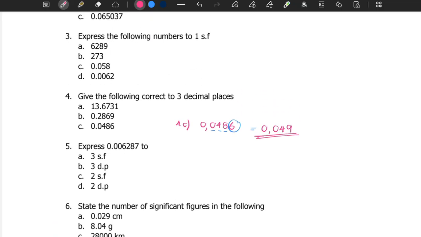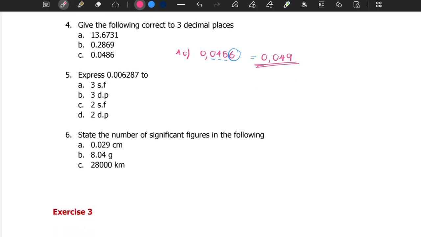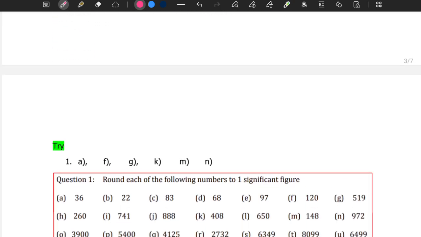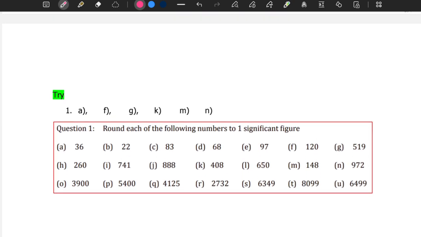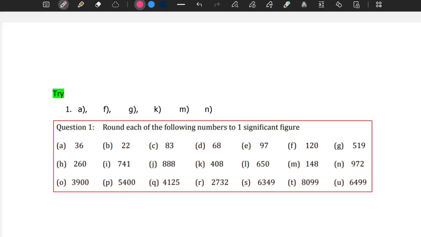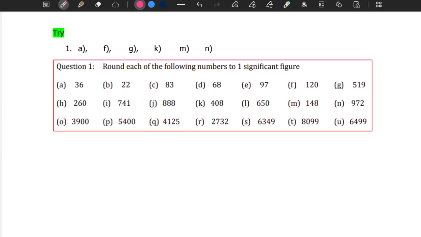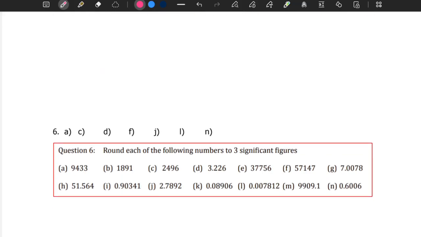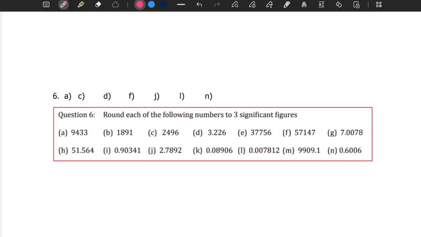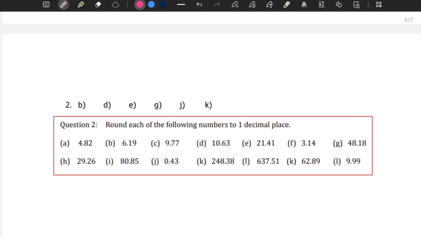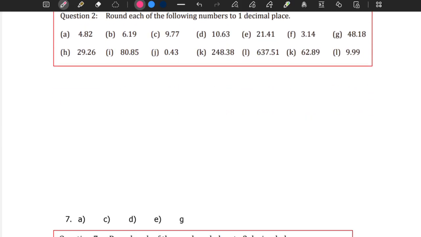If you have any questions, do feel free to attach them in the comments. Then exercise 3 is just additional practice questions, but on the same basis: rounding numbers to 1 significant figure, rounding numbers to 3 significant figures, and rounding numbers to 1 decimal place.